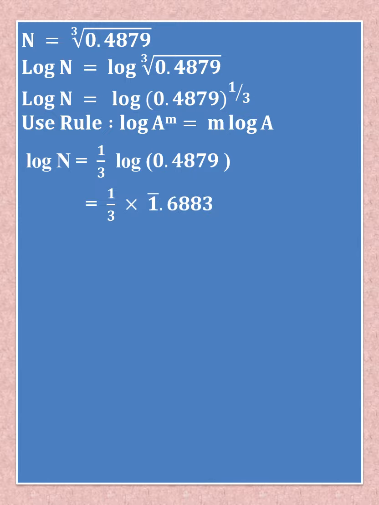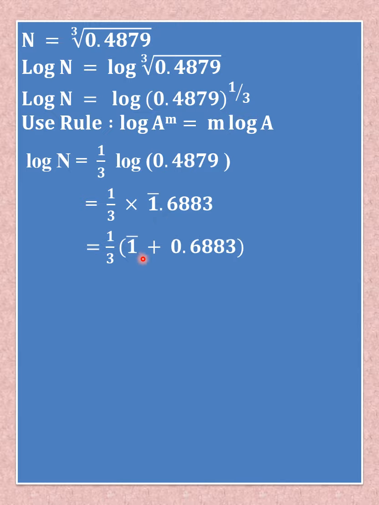Now here is the main point that we have to discuss, which is very important. Now this number is what? Bar 1.6883. In this number the integral part is negative and the decimal part is positive, so we are not able to do the division directly on this number.